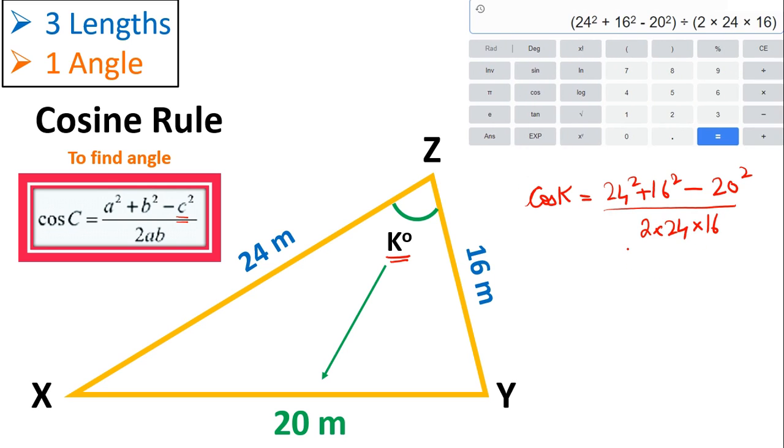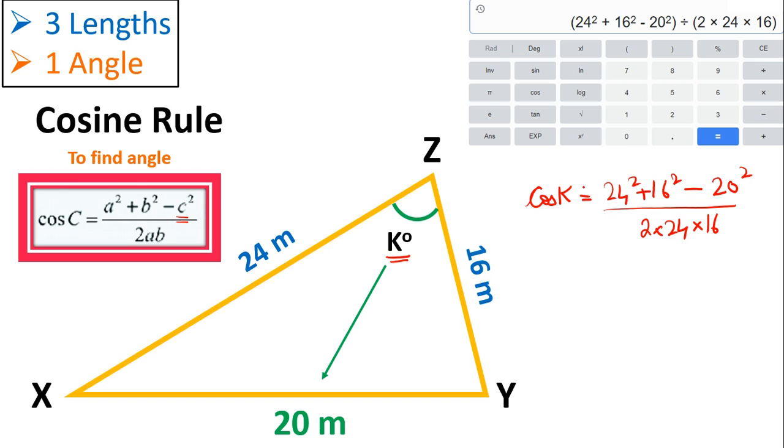Now, on my scientific calculator, one very important thing is that in this particular question, either you do the numerator part separately, 24 squared plus 16 squared minus 20 squared first, and then divide by, in a bracket, 2 times 24 times 16.